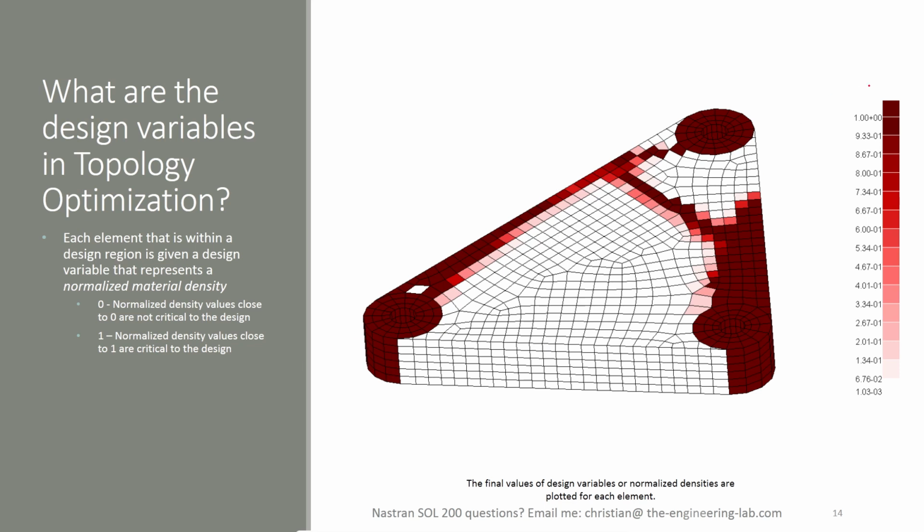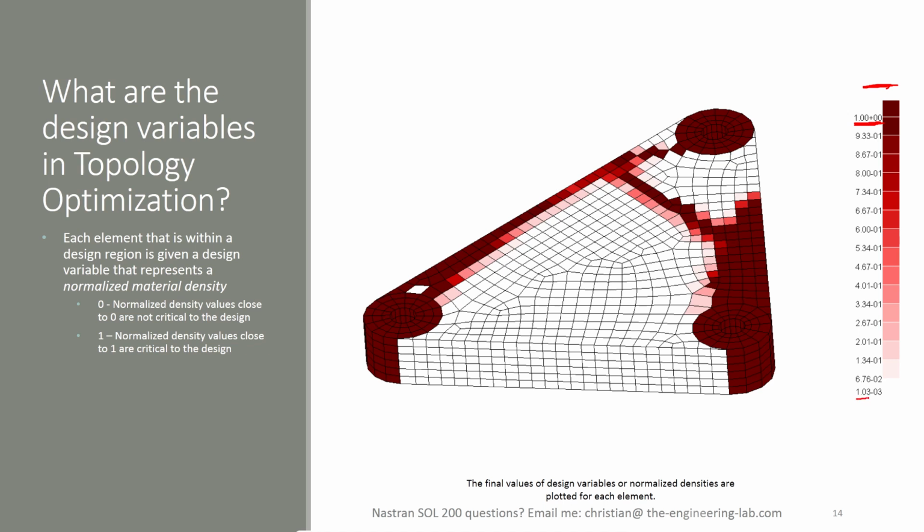So here on the far right, you see the spectrum. If you see any element with the normalized density value of 1, that means that element is very critical to this part when it's loaded. So if you see any element close to 1, that means that element should be kept.